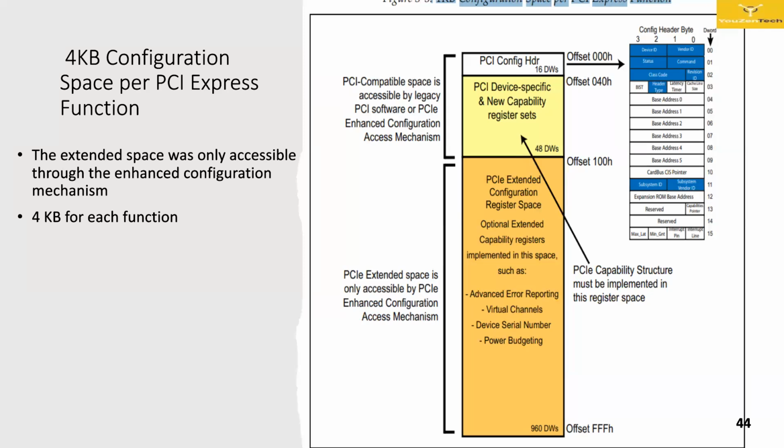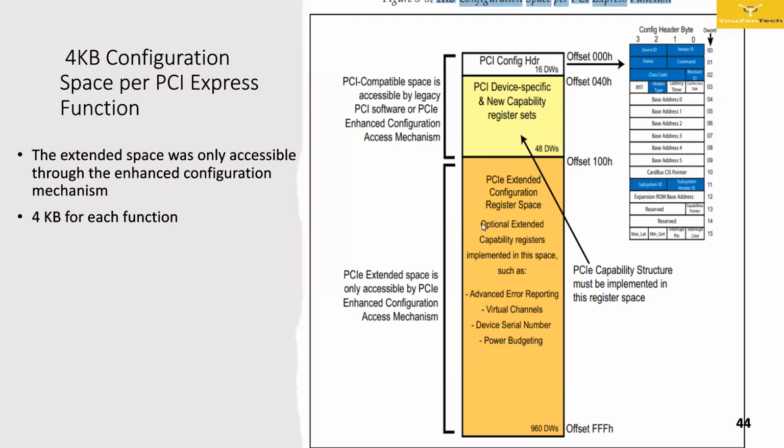Another mechanism is that the whole configuration address space is mapped into the system memory space. Whenever you want to read or write, instead of accessing registers directly from the function, you can access the memory, which requires only one cycle. That's the main reason we have mapped this set of registers into memory.